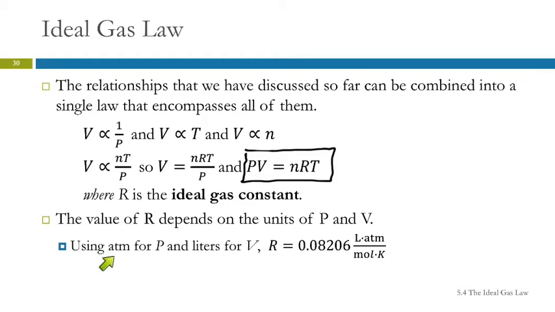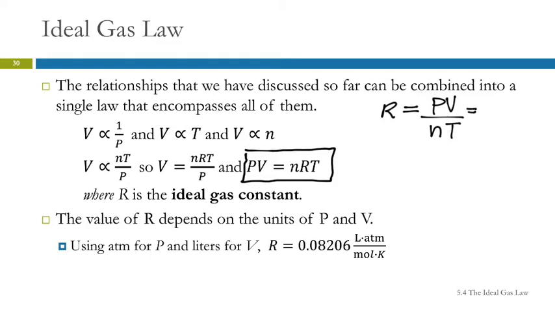So typically we'll use atmospheres for pressure and liters for volume, and then R will have the units liters times atmospheres over moles times Kelvin, which seems like a really messy set of units. But if we take PV equals nRT and solve for R, R is going to be equal to PV over nT, right?